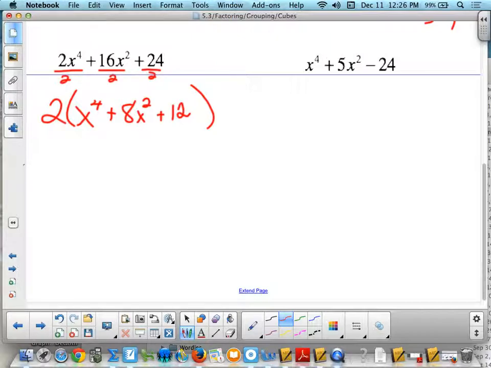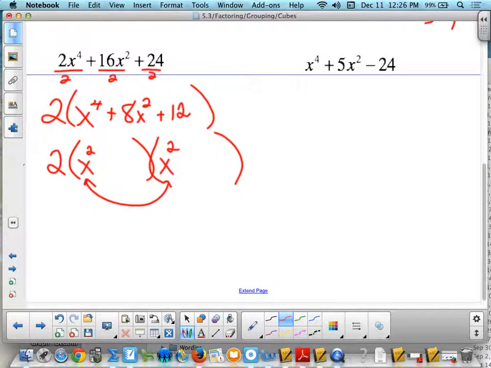All right, now look inside. Is that a binomial or a trinomial? Trinomial. Now typically trinomials factor into binomials. Well, the only way this is going to work is if the first times the first gives you the first. So this has to be what? x squared.